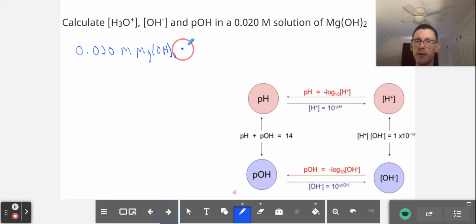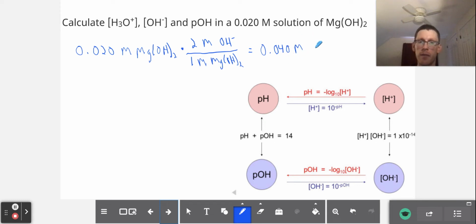We're going to say that there are 2 molar hydroxide for every 1 molar of Mg(OH)2, which is a reasonable thing to say. So this comes to 0.040 molar.